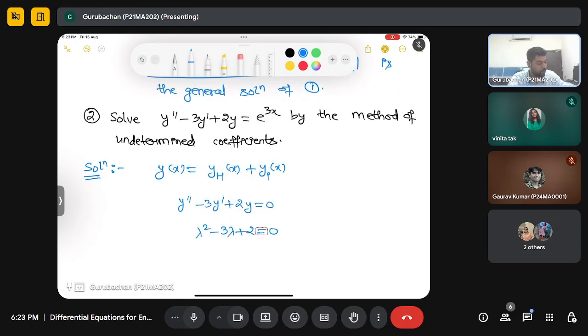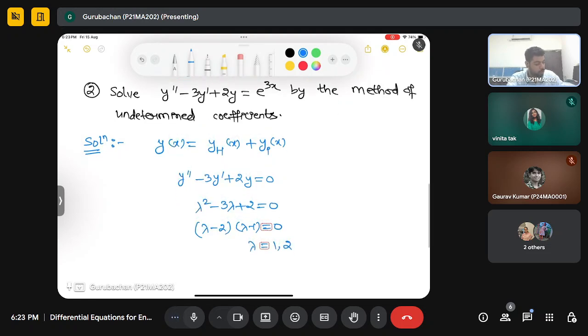The solution is lambda minus 2 and lambda minus 1, so lambda can be 1, 2. So our homogeneous solution will be C1 e to the power x plus C2 e to the power 2x.